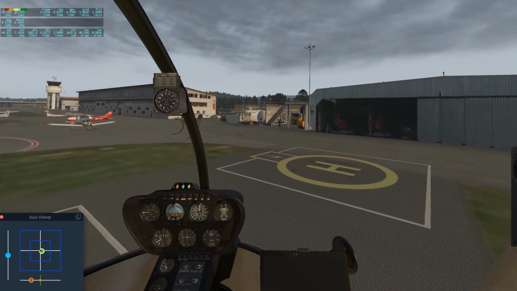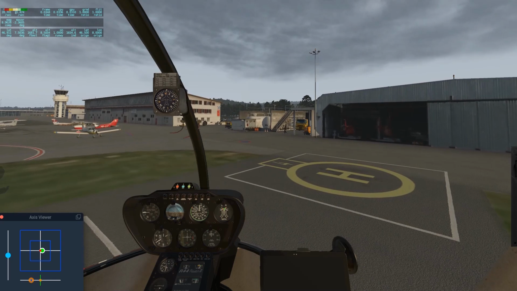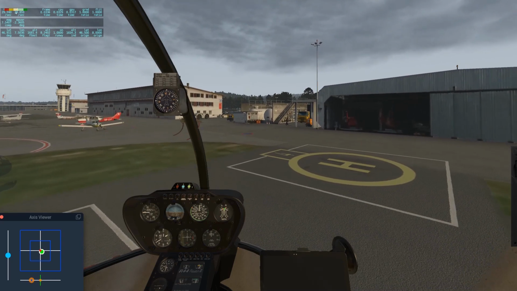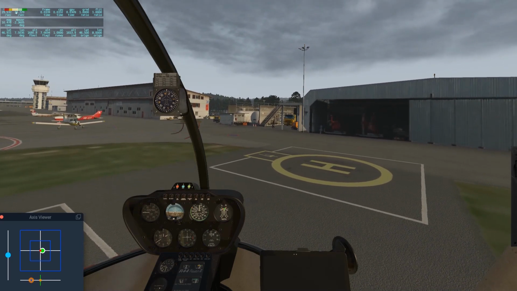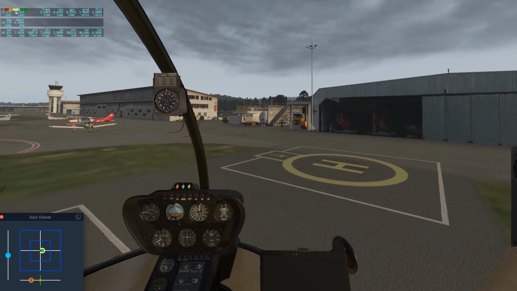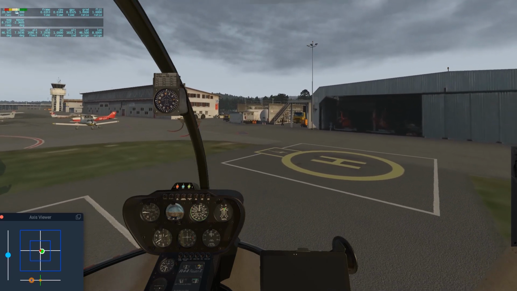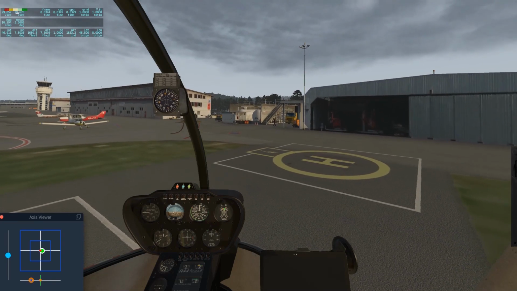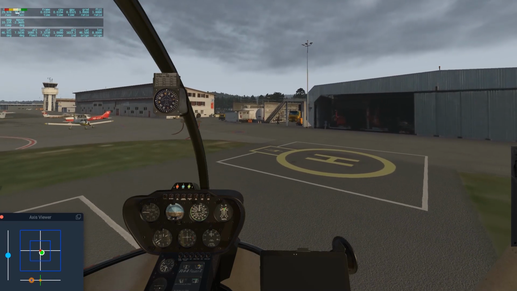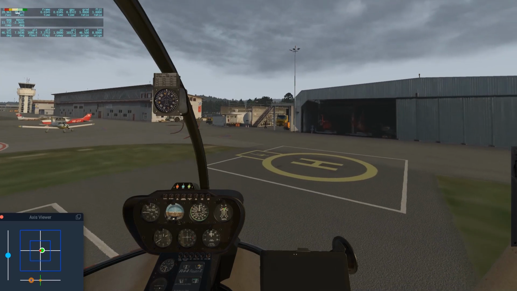Quick word about controls. You will need a decent joystick for your cyclic. You should have a set of rudder pedals and should also use something as a collective. Now you can use the sliding lever on your main joystick, but I highly recommend to get some form of real collective.